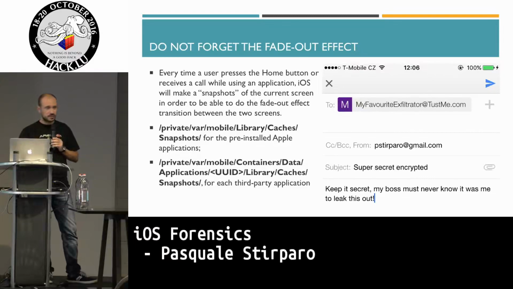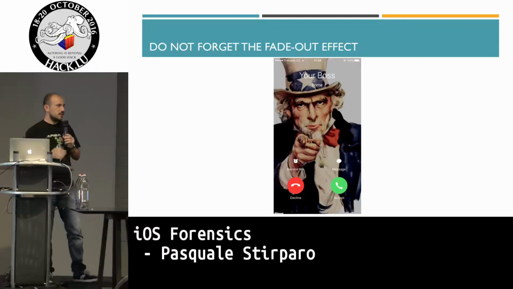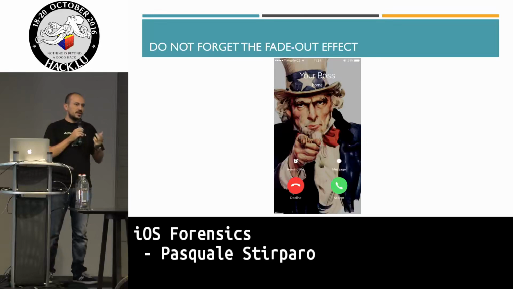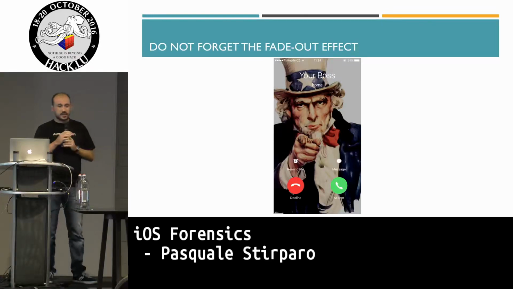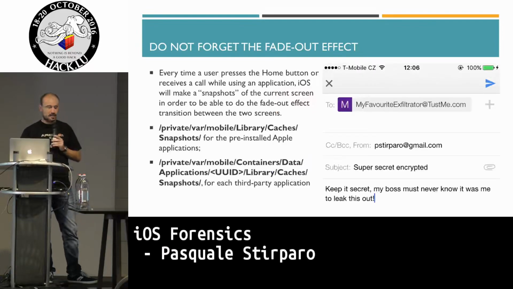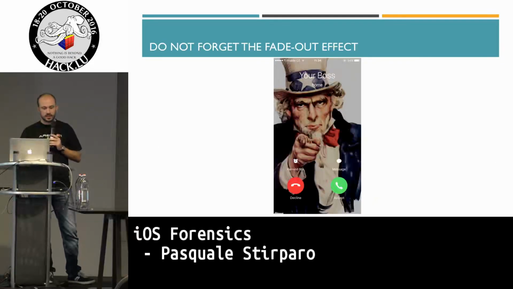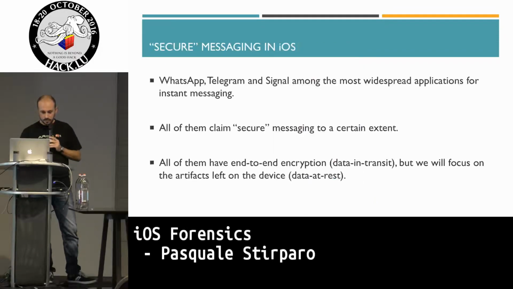And while you're finishing your typing, something like this happens. Two things here: first, your boss has a great sense of timing, definitely. And guess what happens then? Your super secret message is lying in clear text, as a clear image, on your device. So although you sent it encrypted, your message is lying in clear text on your device.